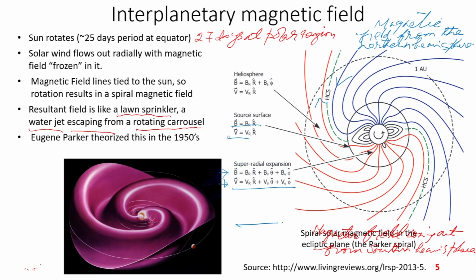So between these oppositely polarized magnetic fields there has to be a current sheet. This is the heliospheric current sheet, HCS; I will write it here.